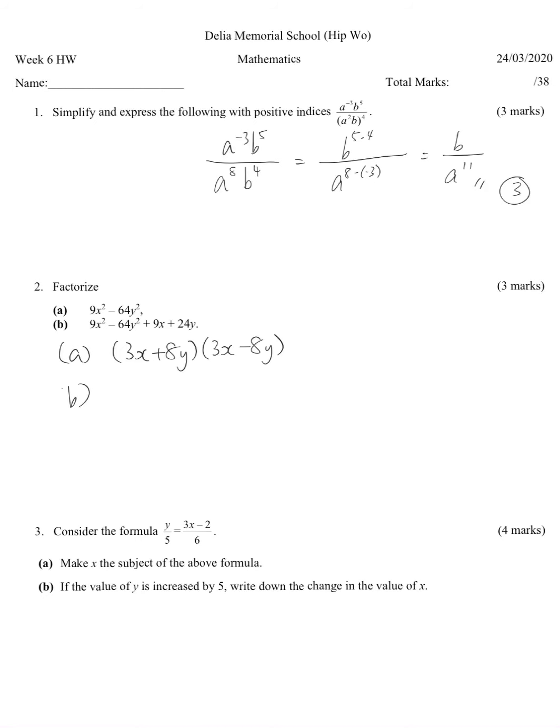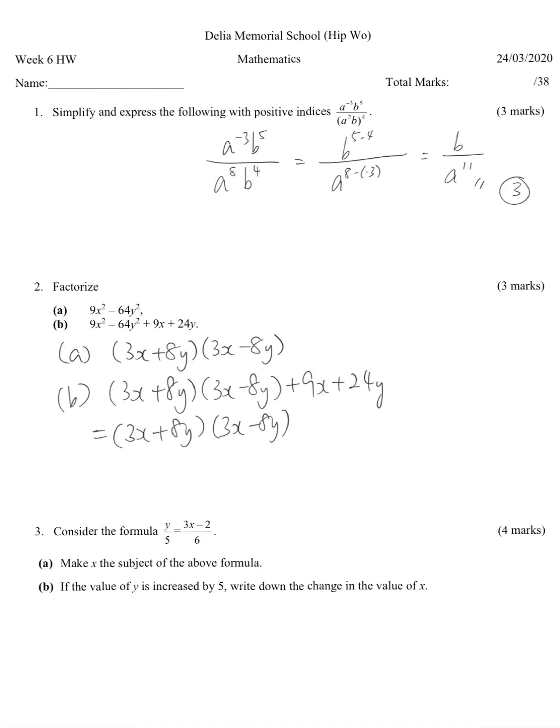And then in part B, because you copy the first part's answer and along with it you have the second part, you need to see what you can make of the factorized form of the second part.